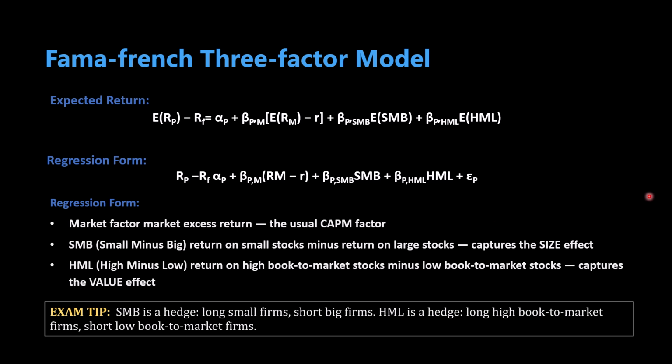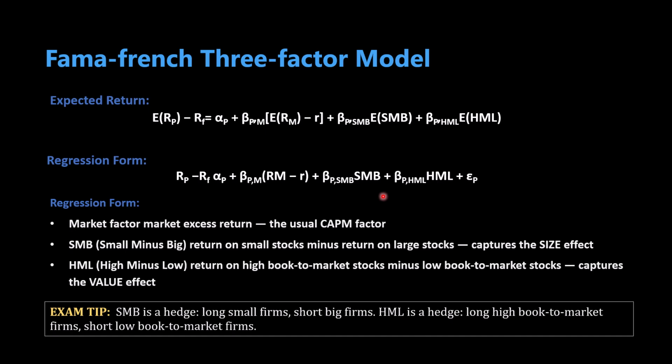Let's define the factors. The market factor is simply the usual market excess return. SMB, or small minus big, is the return on small cap stocks minus the return on large cap stocks. So it captures the size effect. HML, or high minus low, is the return on high book to market stocks minus return on low book to market stocks.